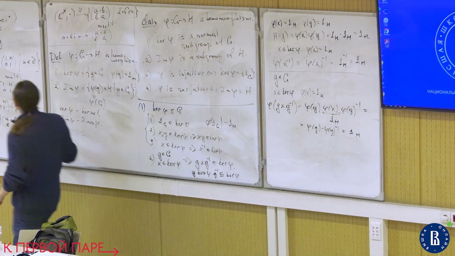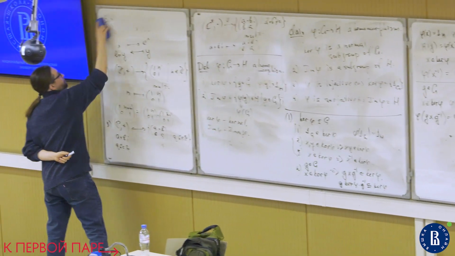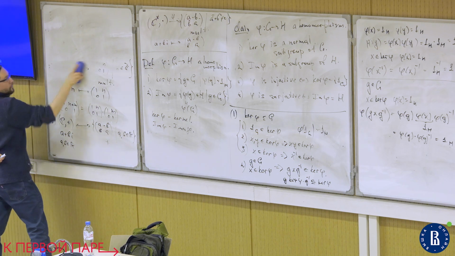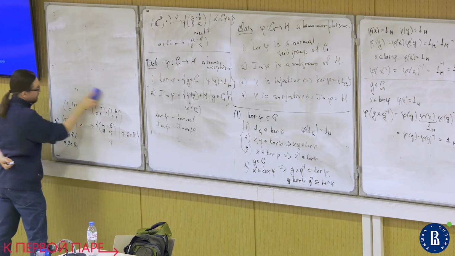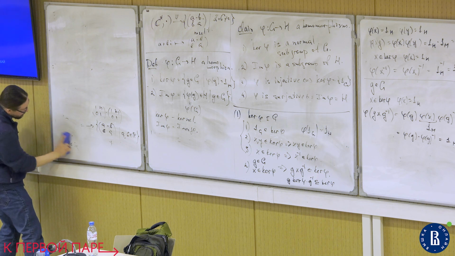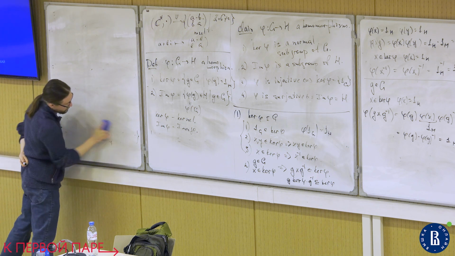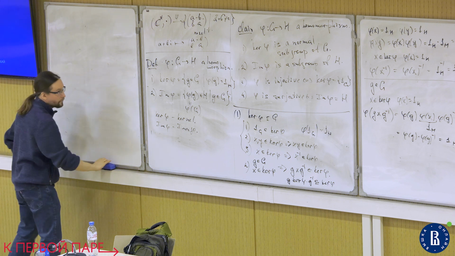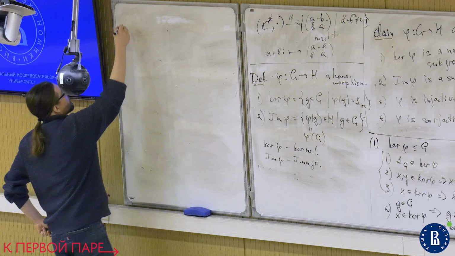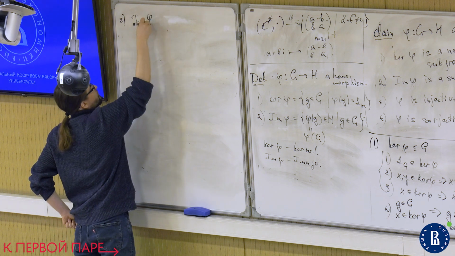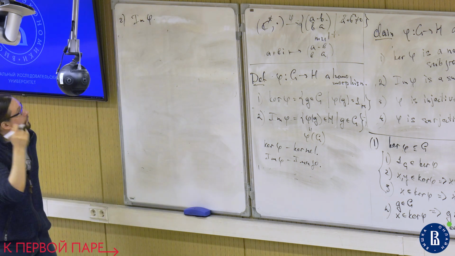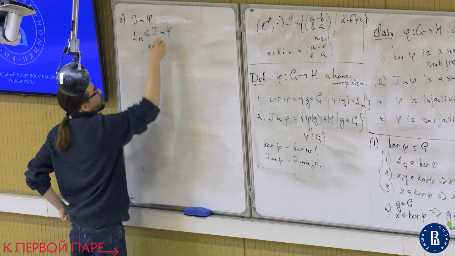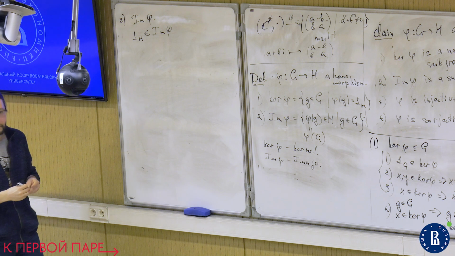Now, problem number 2. Okay, let's take the image. So, first of all, we need to check if the neutral element is in the image.